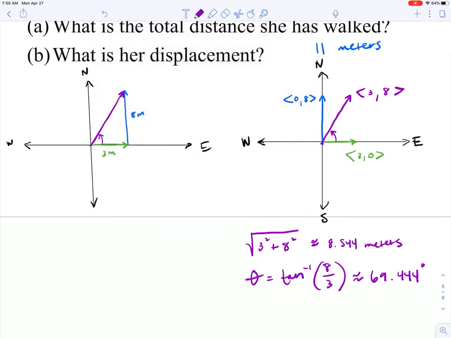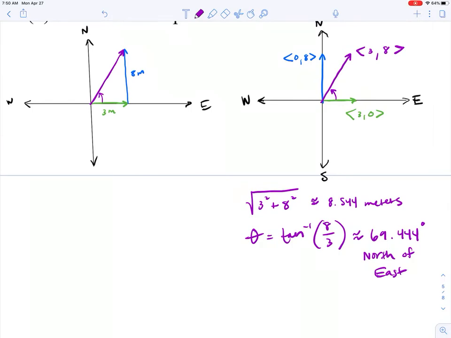And since we're using direction like north, south, east, west, this angle right here would be theta, so we could say 69.444 degrees north of east.